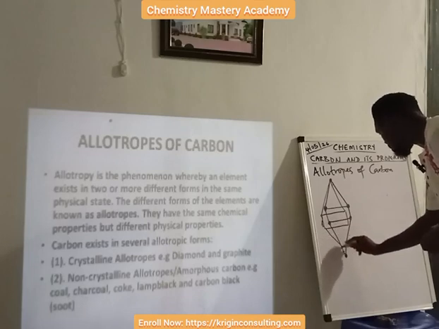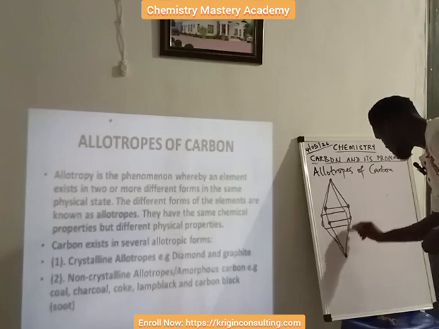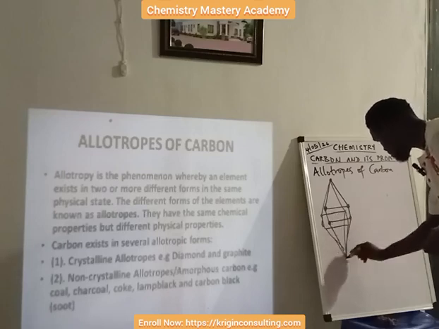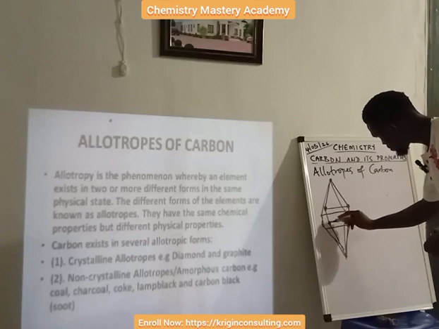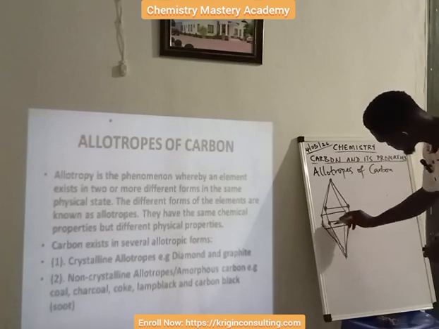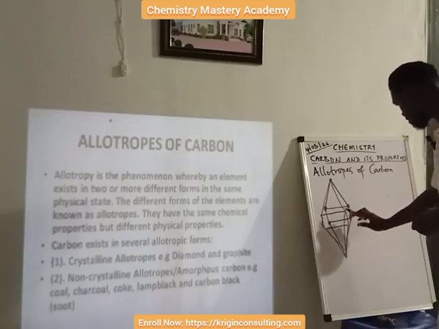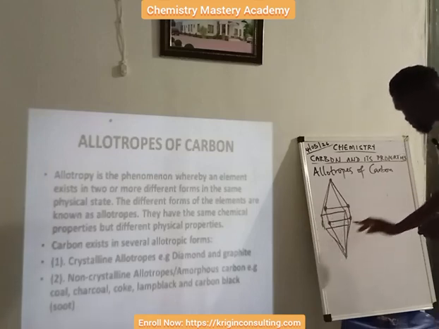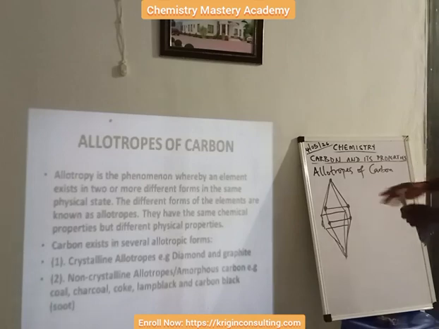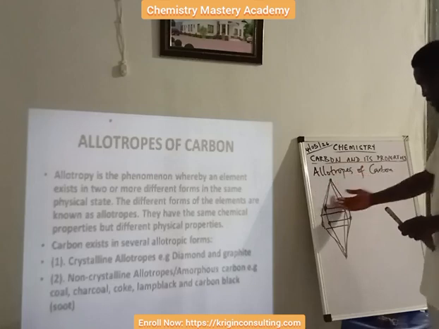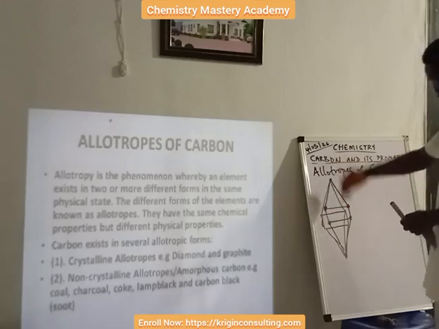Remember I said there's another one behind. We have this, we have this. Something like this. So there's one at the back, there's one in front, one at the back, one in front.